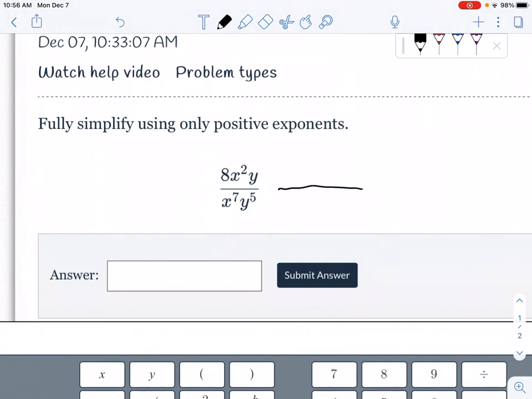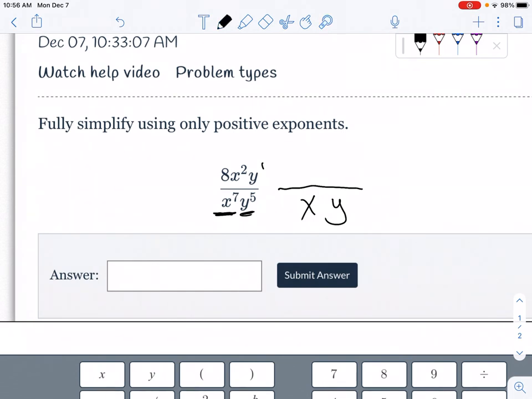So for this one, without doing any work, I know that I'm going to write my answer in the bottom for x. And for this one, I'm going to write my y answer in the bottom as well, because 7 is bigger than 2 and 5 is bigger than 1. So I know, just based on which ones are bigger, where my two answers are going to go.